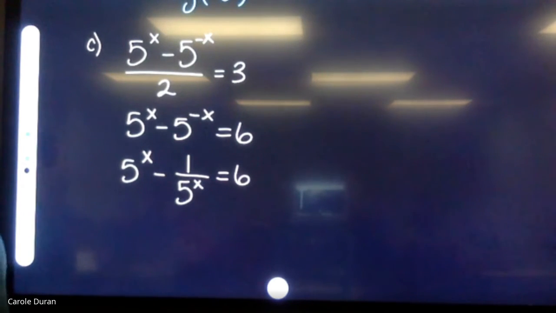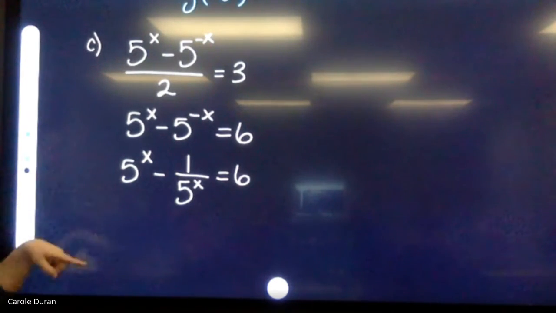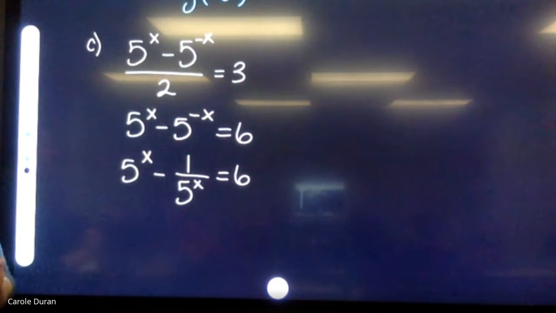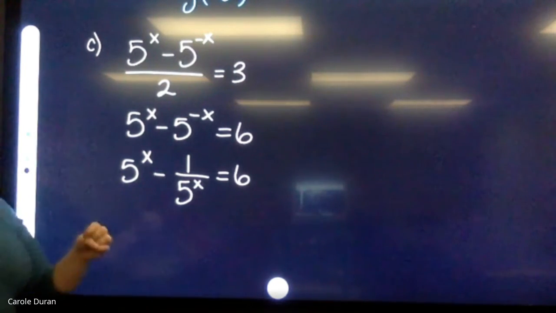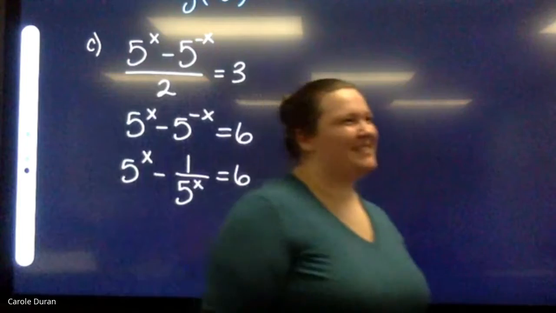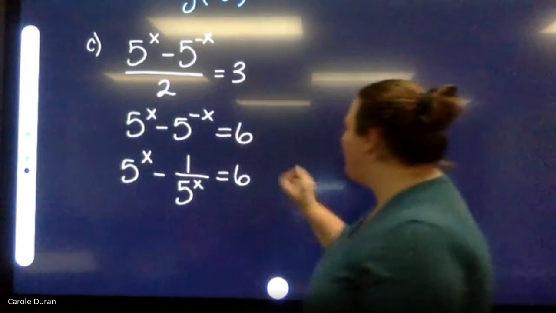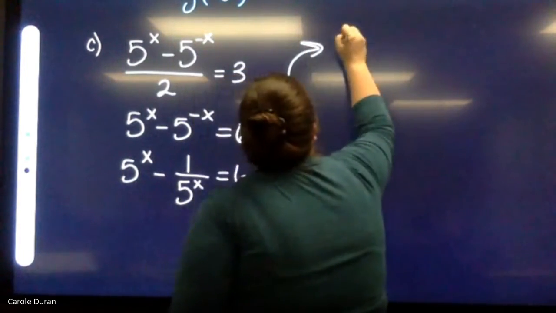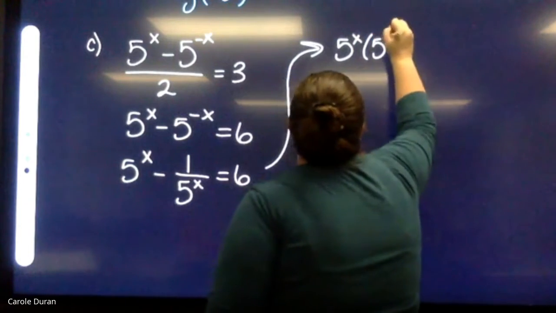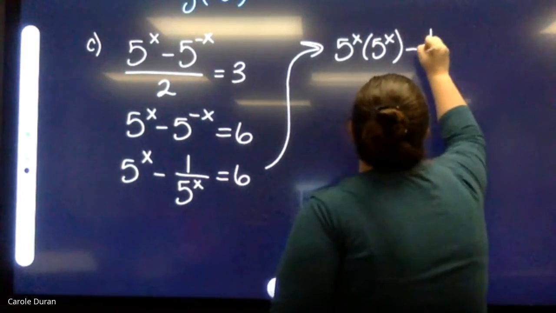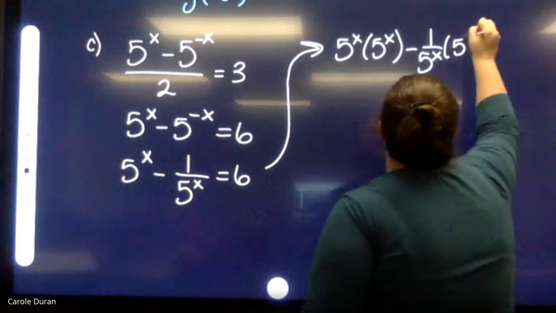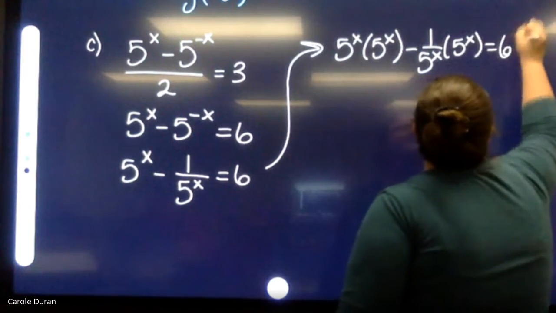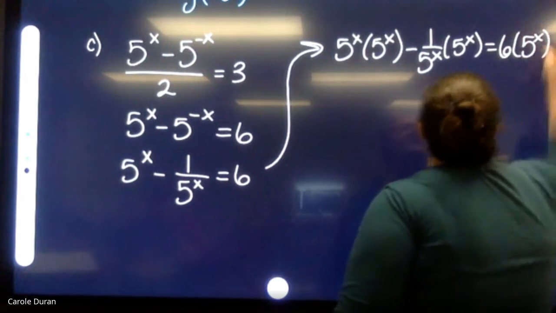I have a fraction with a known denominator. So how do I get rid of a fraction with a known denominator? I multiply that denominator into all of my terms. All of them. So when I do that, I get 5 to the x times 5 to the x minus 1 over 5 to the x times 5 to the x equals 6 times 5 to the x.